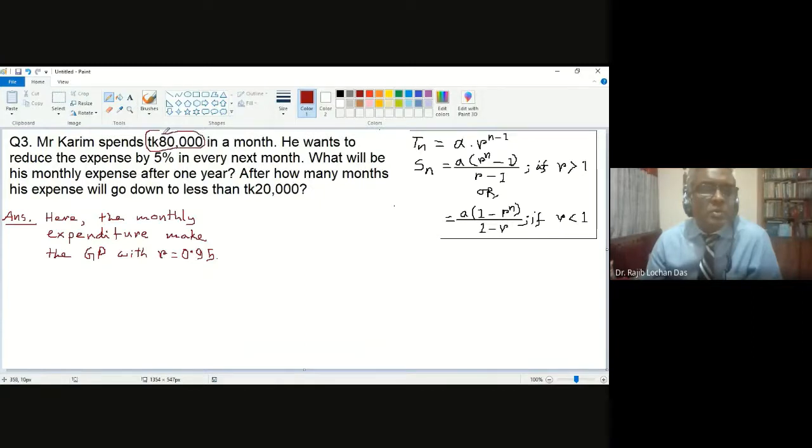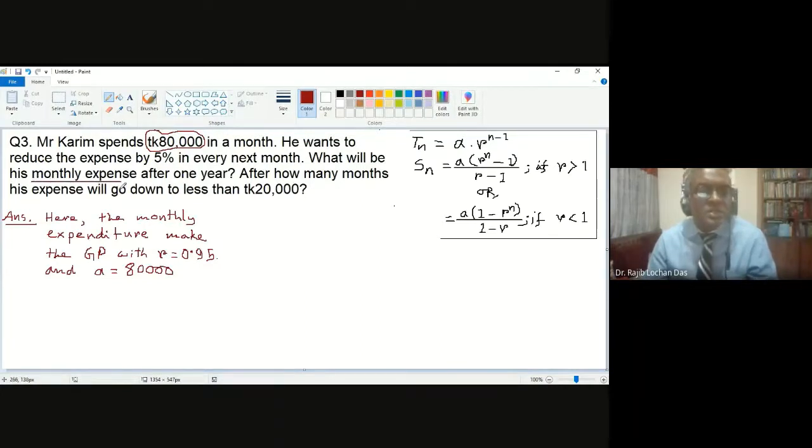When you know A is 80,000 and R is 0.95, then you can easily apply the formula and answer the question. The question is, you have to find out what is the monthly expense after 1 year.